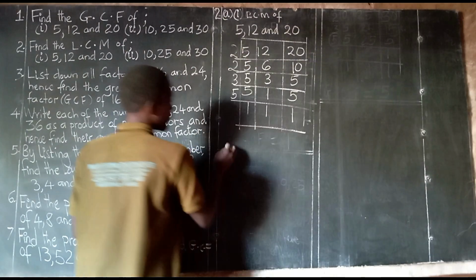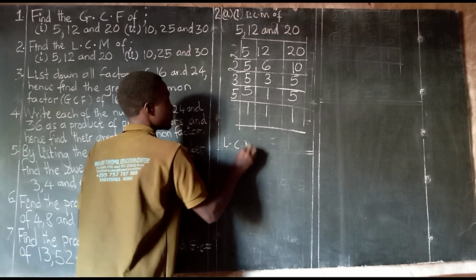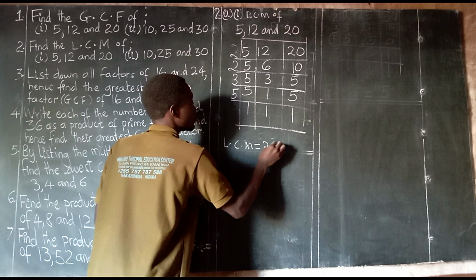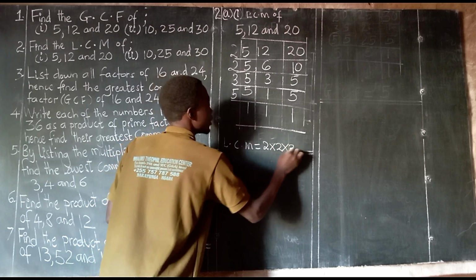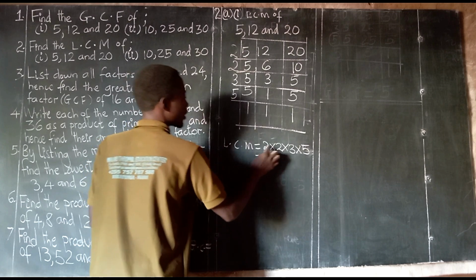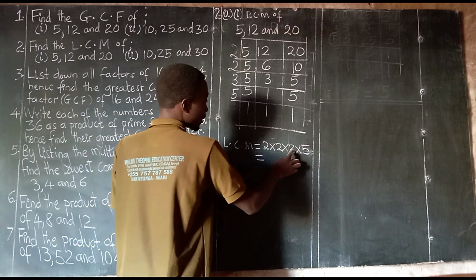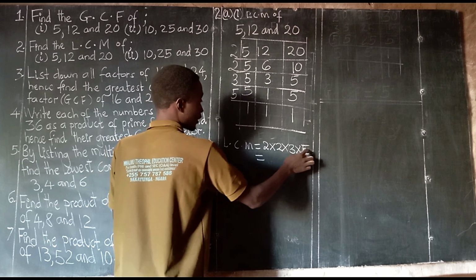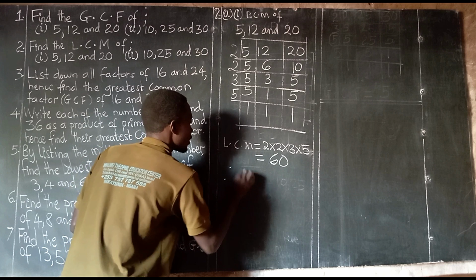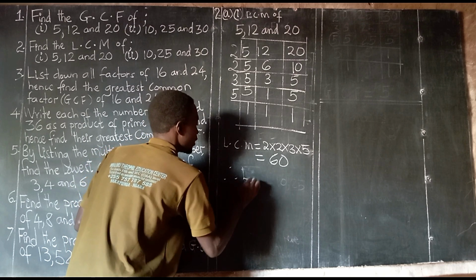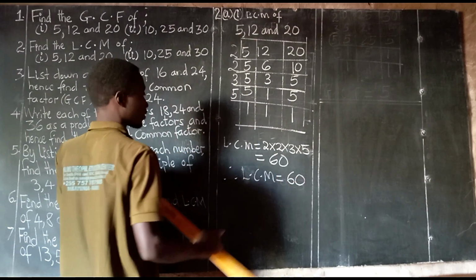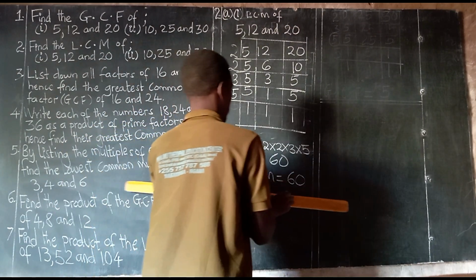So the LCM will be the product of the obtained prime factors, which are 2 times 2 times 3 times 5. So 2 times 2 is 4. 4 times 3, 12. 12 times 5, we get 60. So the LCM is equal to 60.